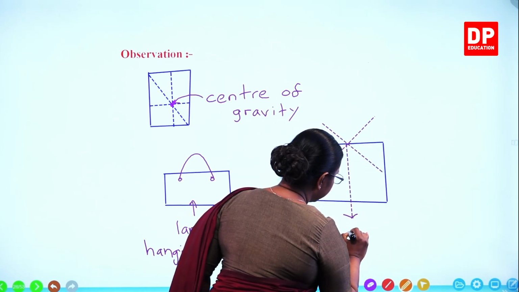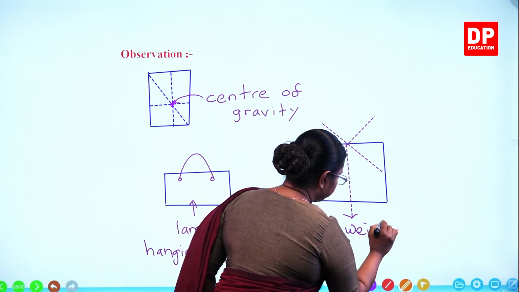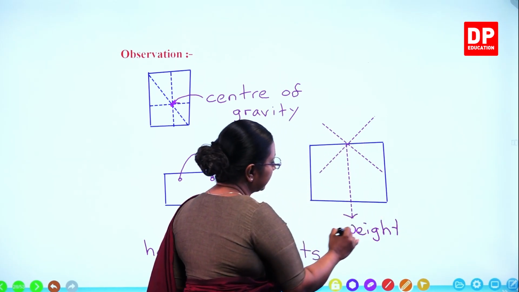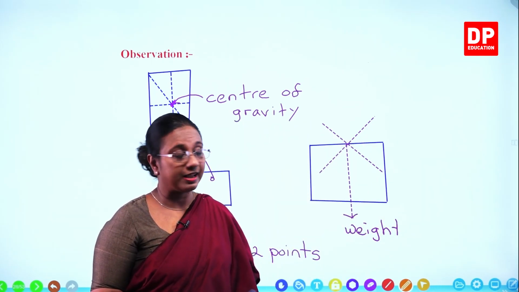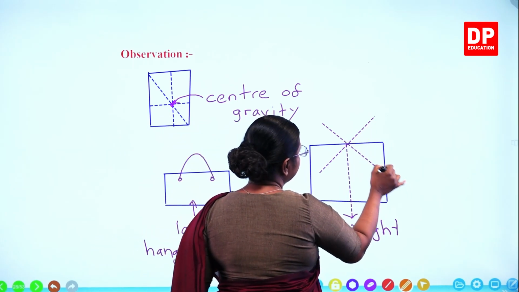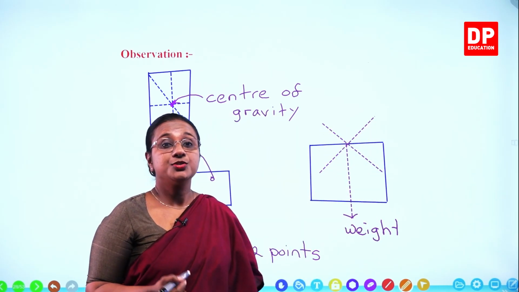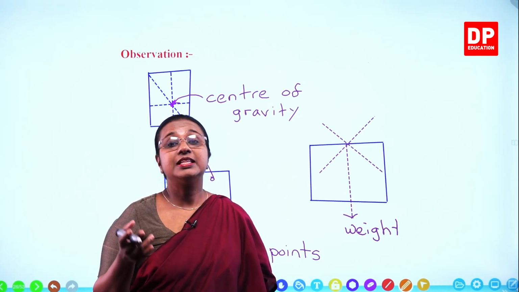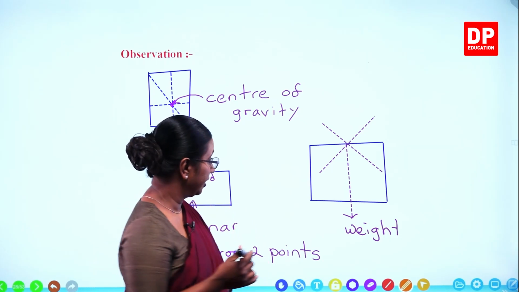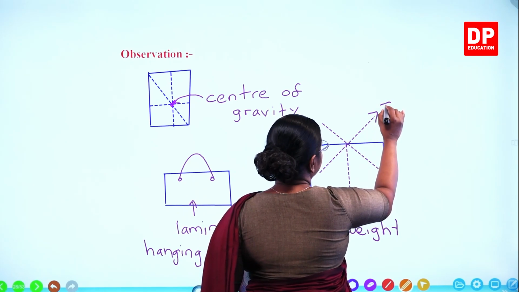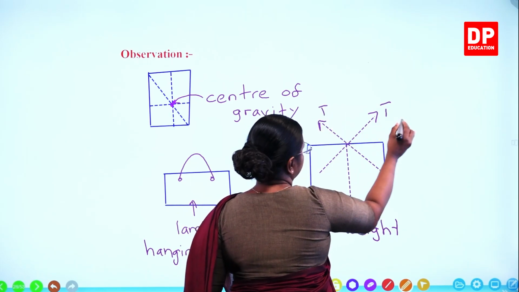So this was the weight. That is the line going through the center of gravity, and these are the lines along the two twines. So what are those forces? The tension acting on the twine. So this is T and this is also T, tension.